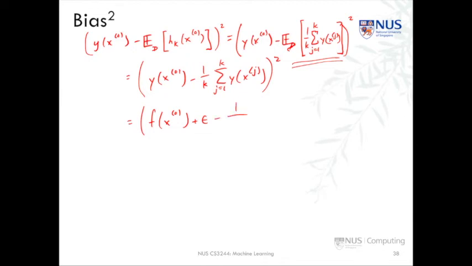And then I'm going to copy the second term. Okay, so this is over this part over here. And then we're going to square this entire thing because it's squared error again.